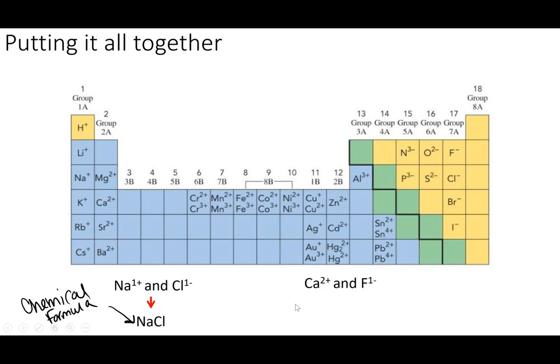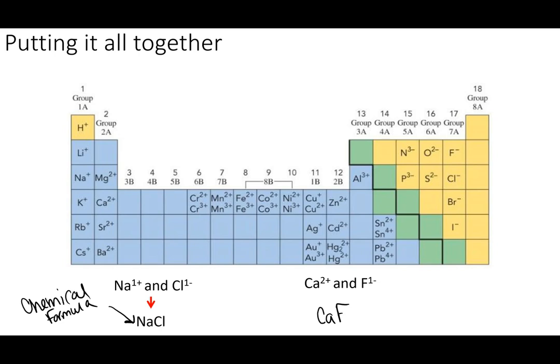But what about this one? Here we see calcium. Calcium is from group 2. It's got a +2 charge. Fluorine is from group 7. He's going to steal 1 electron and have a -1 charge. Can I simply put this together as CaF?